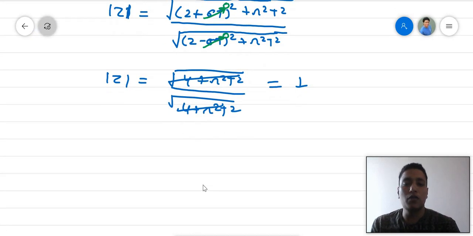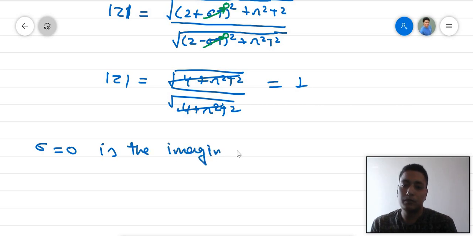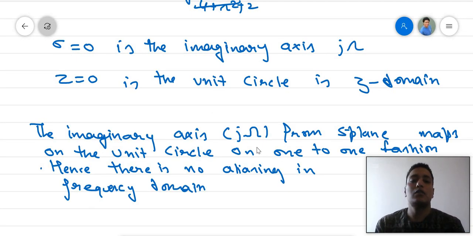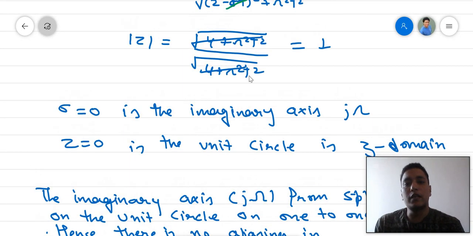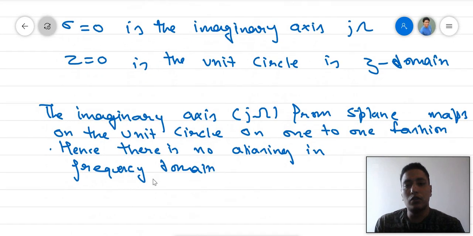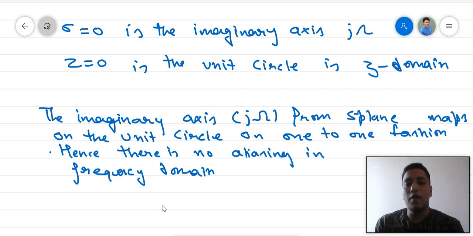Now mod Z equals 1 is nothing but the unit circle, and sigma equal to 0 is the imaginary axis j omega. The imaginary axis j omega from the S plane maps onto the unit circle in a one-to-one fashion. Hence there is no aliasing in the frequency domain, as mod Z is directly equal to 1 for sigma equals 0. There is no other condition, so this mapping is one-to-one.